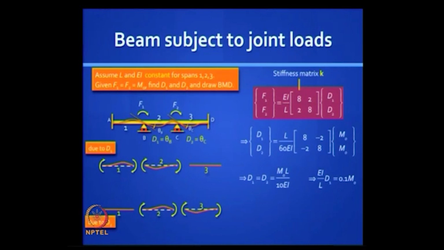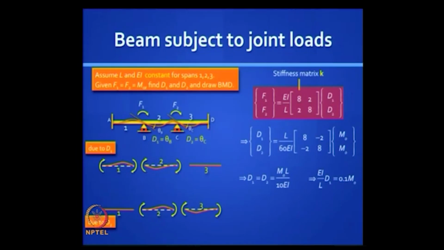Now let's draw the two pictures, the free bodies showing only the moments. You will actually have shear forces, but let's not draw them right now. Can you fill in the blanks? What are those end moments? Remember, in the last session we worked them out. They are either 4 EI by L or 2 EI by L in this case.